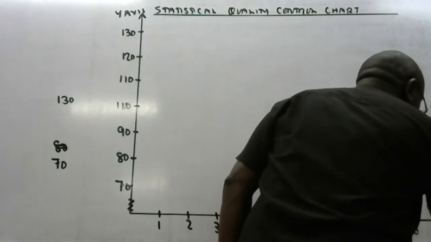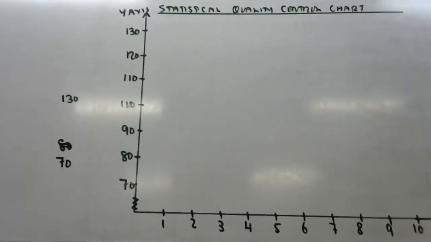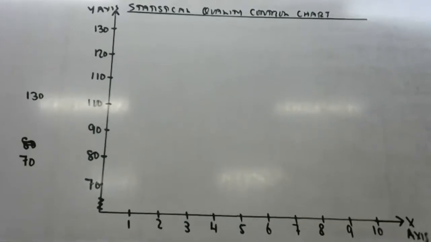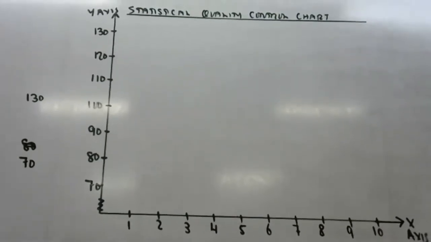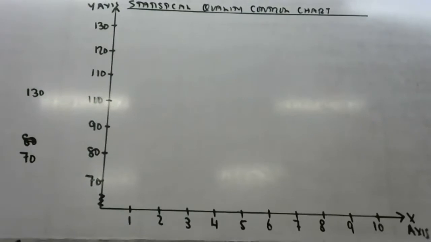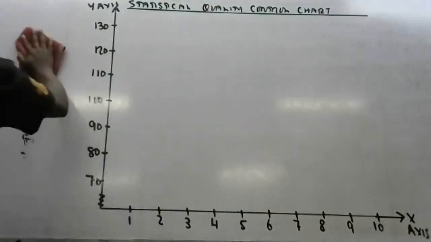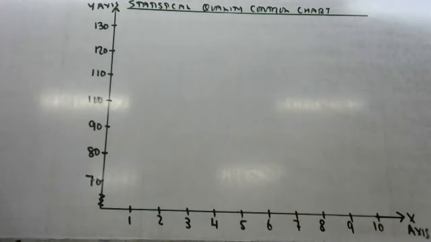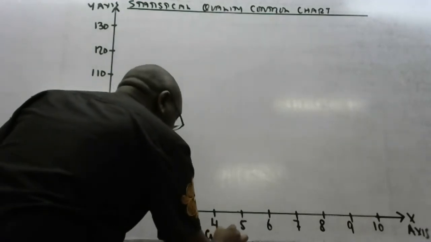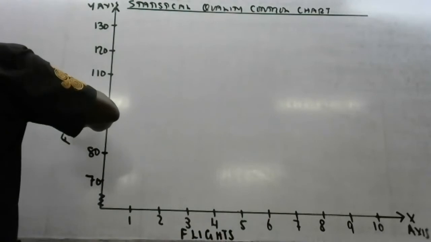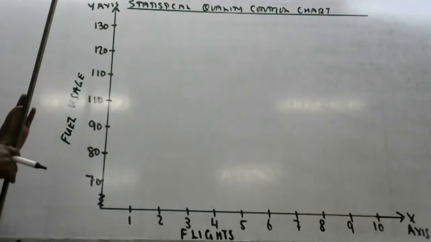This is the x-axis. Here, these are flights. This is fuel usage.